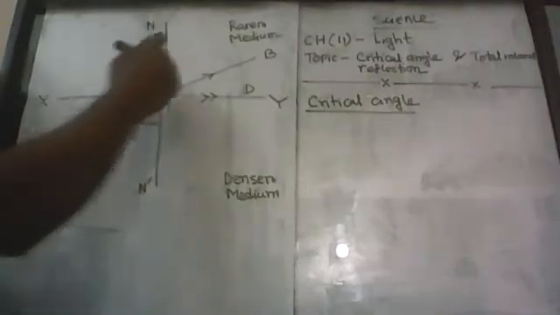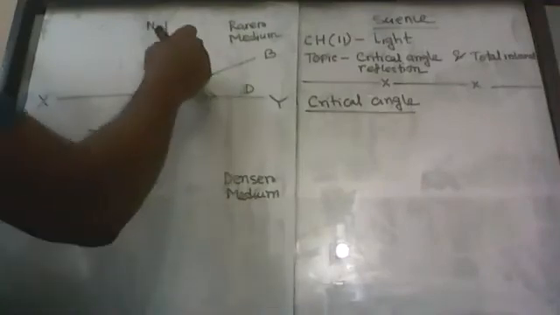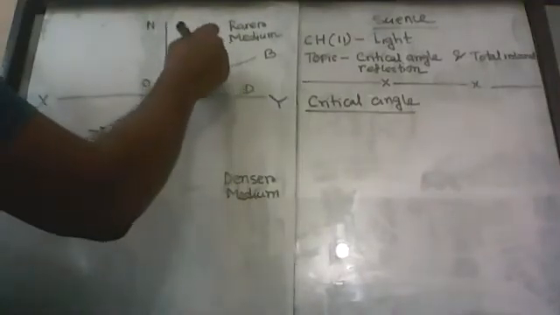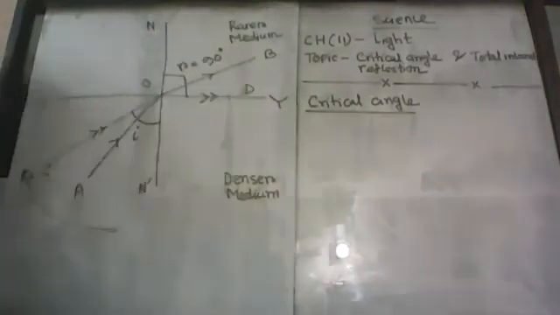Since this refracted light OD goes along the plane of separation, I can say that the angle of refraction R will be equal to 90 degrees.